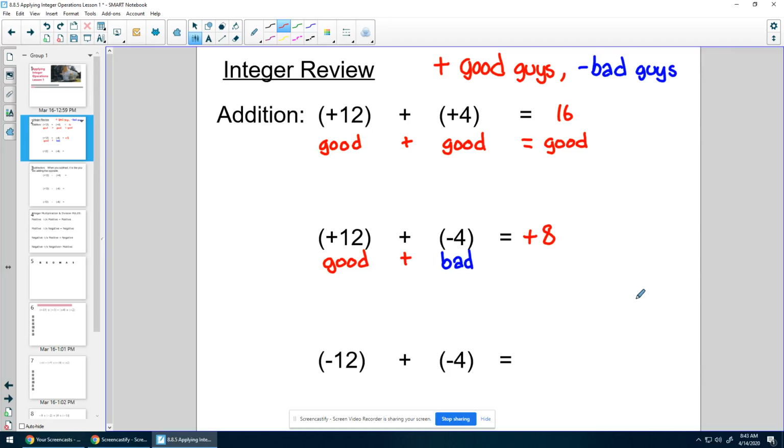Last one, we have negative 12 plus negative 4. So we have bad guys plus bad guys. So that's just going to give us more bad guys. I'll write that.